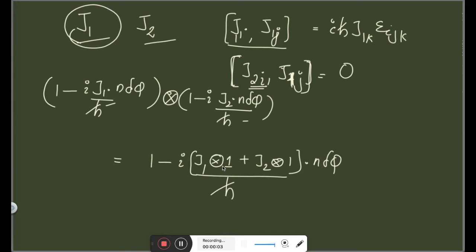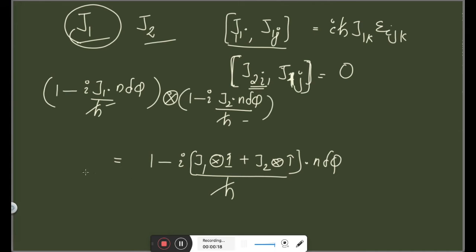And as we know, the 1 here actually corresponds to the identity operator in subspace 2, and here it corresponds to the identity operator in subspace 1, so that you have a net dimensionality for the combined space.